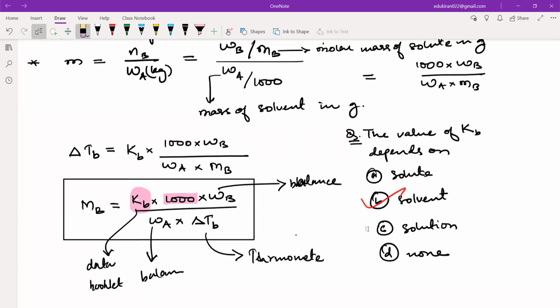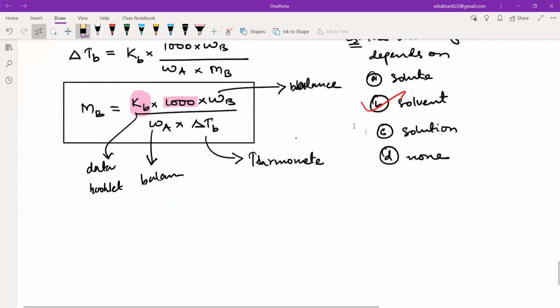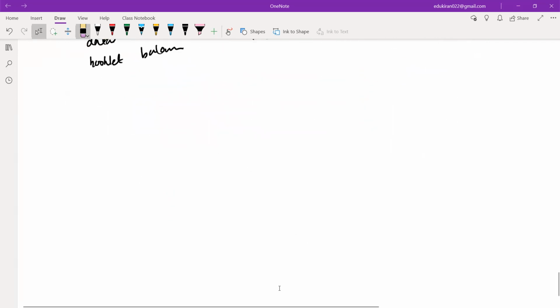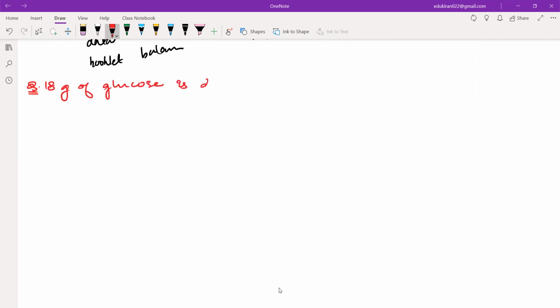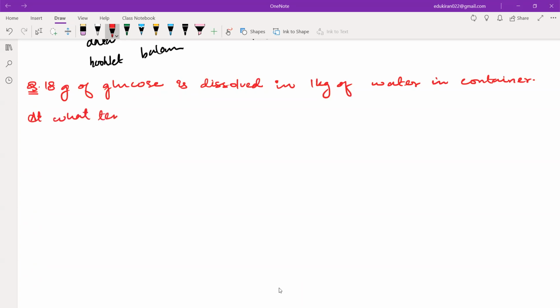Done all of you? So now please tell me. Write a question. 18 gram of glucose is dissolved in 1 kg of water in a container.